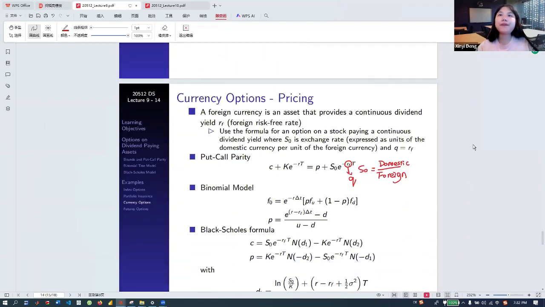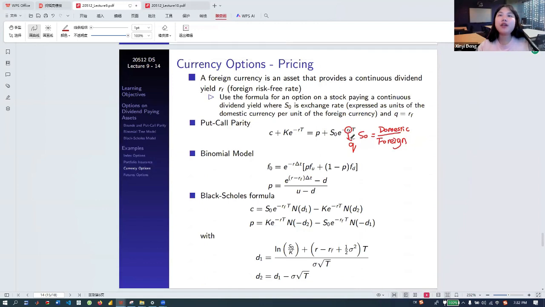That RF, as I mentioned earlier, is just the risk-free rate of the foreign market. Also for currency options, the S0 in the put-call parity is units of domestic currency per unit of the foreign currency, just like this expression here.